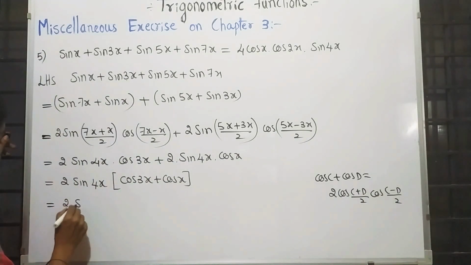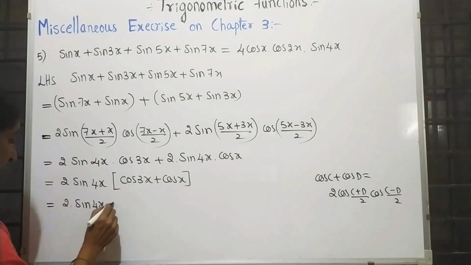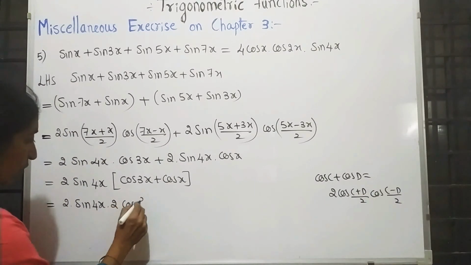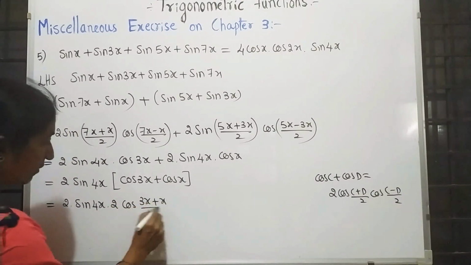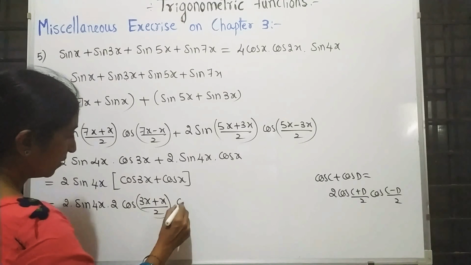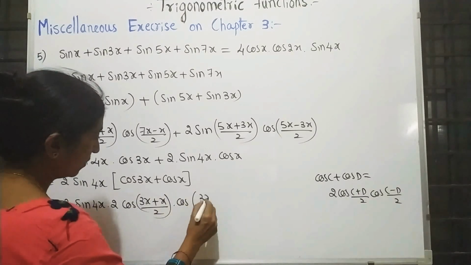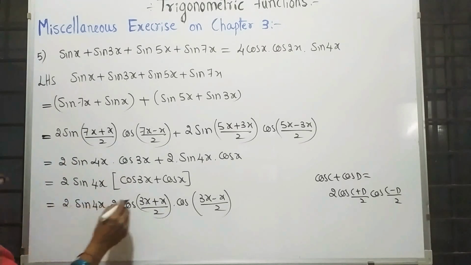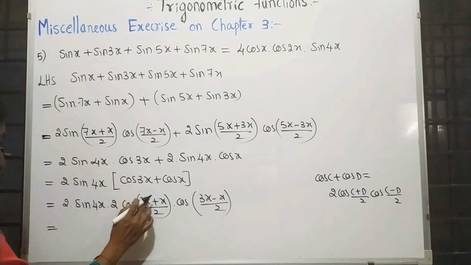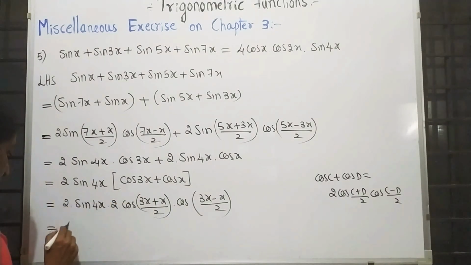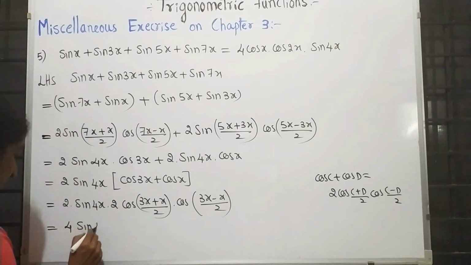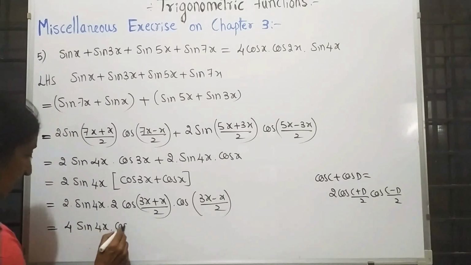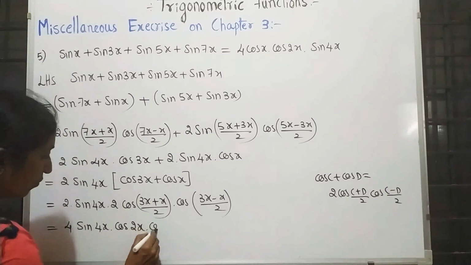It is 2 into sin 4x into 2 cos 3x plus x divided by 2 into cos 3x minus x divided by 2. Here 3x plus x is 4. 4 divided by 2 is 2, and this 2 and this 2 becomes 4. Sin 4x, this is cos 2x into cos x.